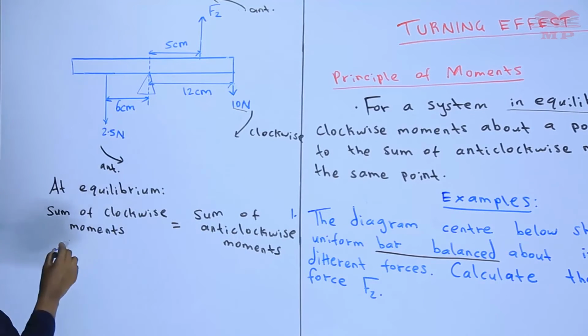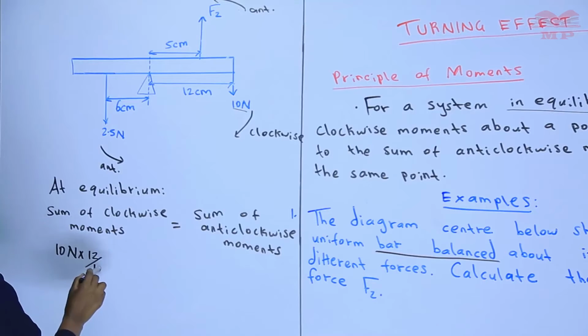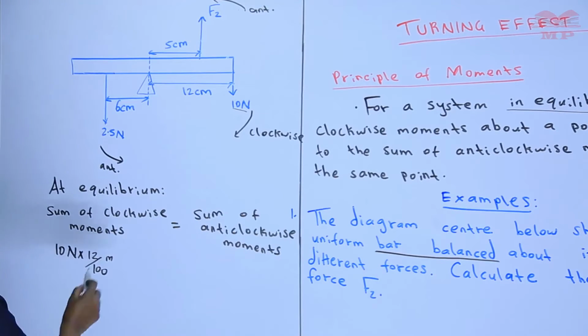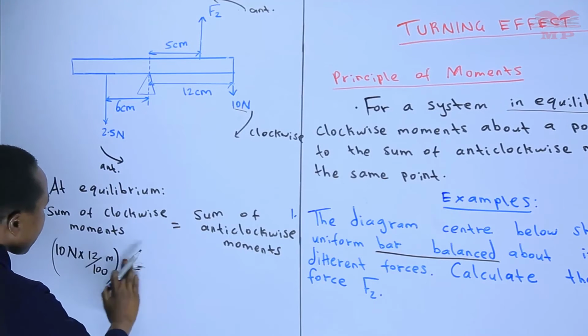So here we have 10 newtons multiplied by that distance, which is 12 over 100 to make it in meters. Do we have any other clockwise moment? No, the other ones are anticlockwise. So all of this will be equal to the sum of anticlockwise moments.